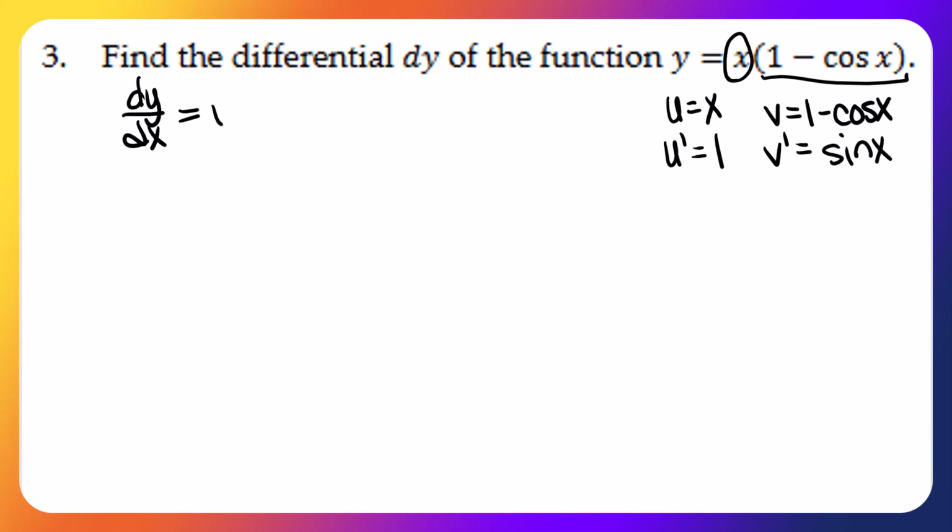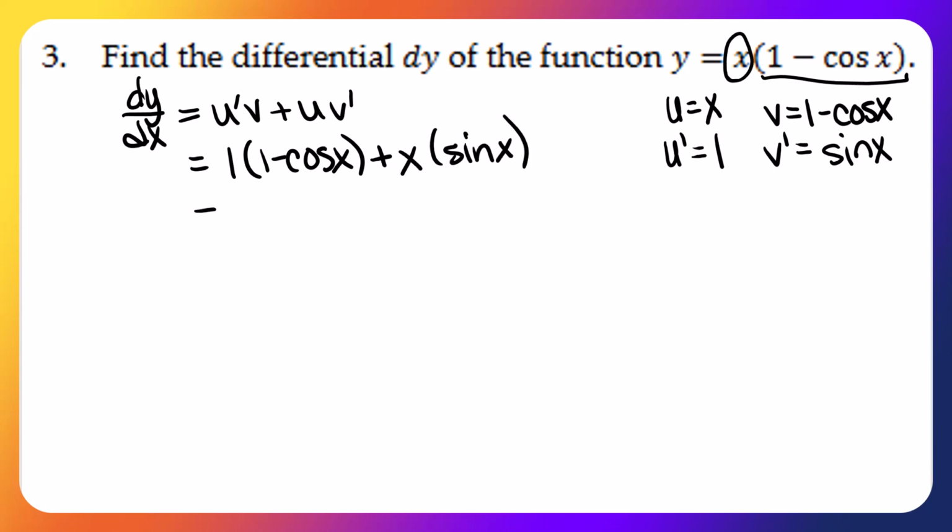So then as we combine u prime v plus uv prime from the product rule, we would have 1 times 1 minus cosine x plus x times sine x, which, distributing your 1 through, or 1 times anything, is just the same thing.